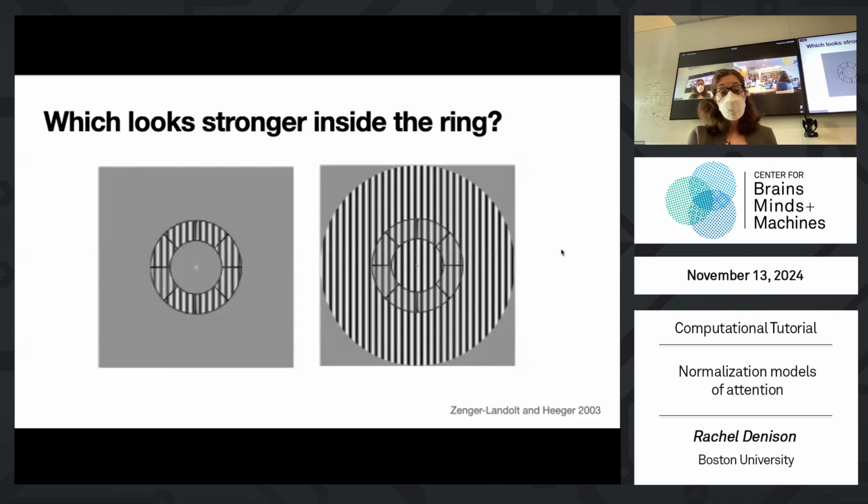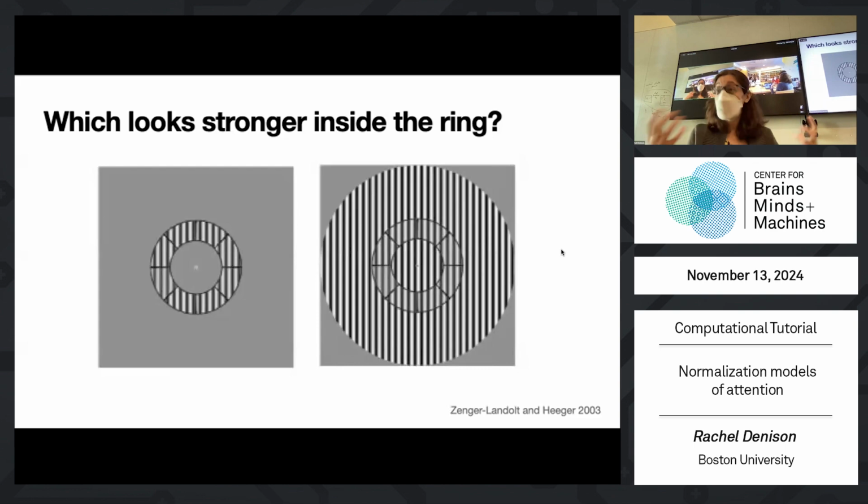And so given what we just talked about with normalization, why do we think that could be? Okay, nice. And so now we've moved beyond luminance, because the average level of luminance on these images is all gray.